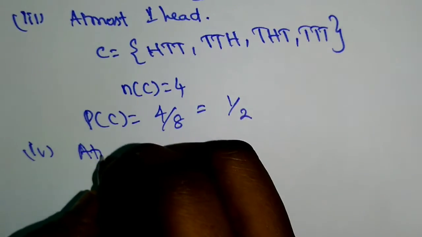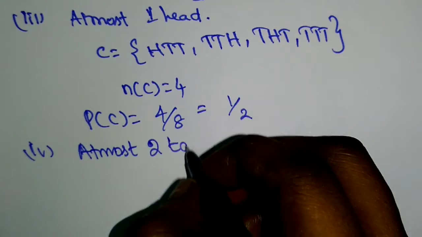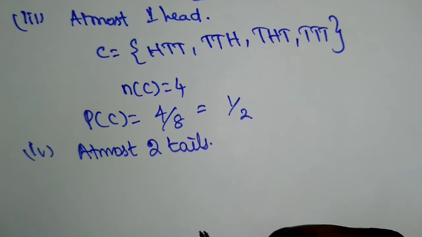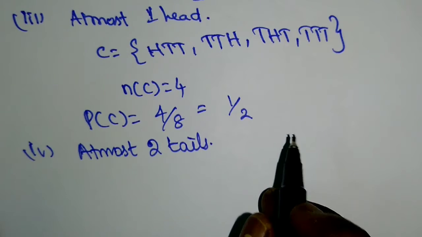For at most 2 tails, that means at most two tails means two tails or one tail or no tail.